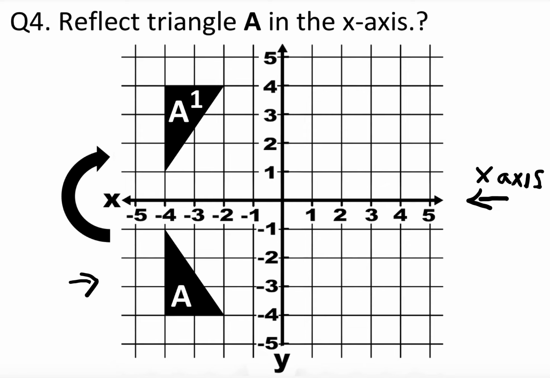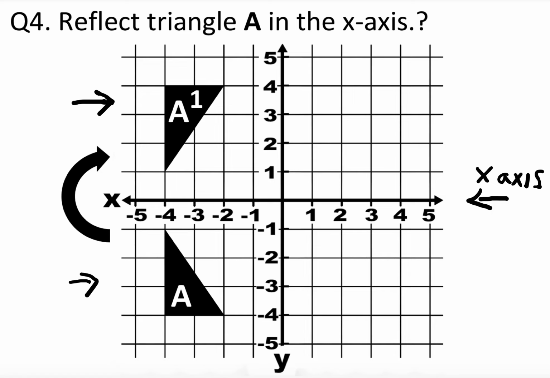If you reflect it, you're just moving it into the same position opposite. The points become the complete opposite. A1, the reflection image above here, is just the image the other way around when it's reflected through the x-axis. The small point is nearest the axis at A, and again with A1 it's nearest, and the base is furthest away from the x-axis.